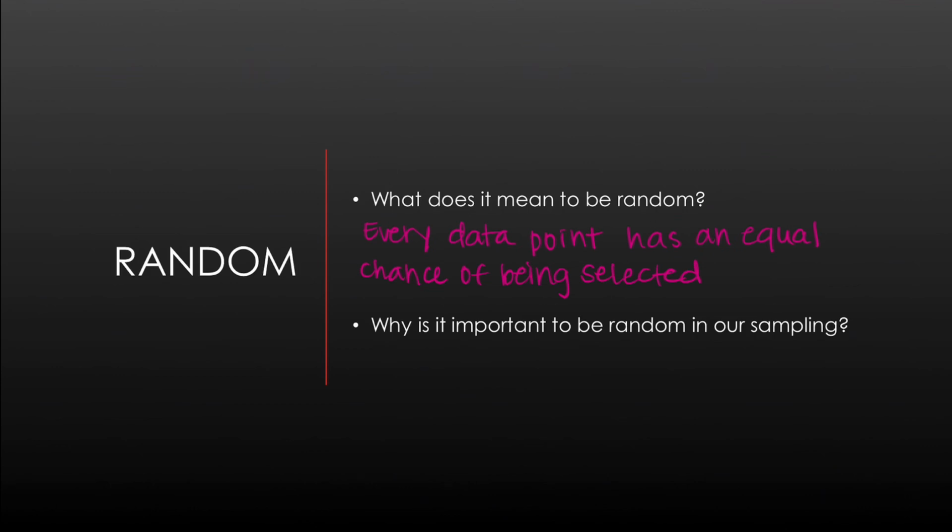So it's important to be random in our sampling to ensure the least amount of bias, is what we call it. Bias, you've probably heard that word before. It means leaning an opinion one way.